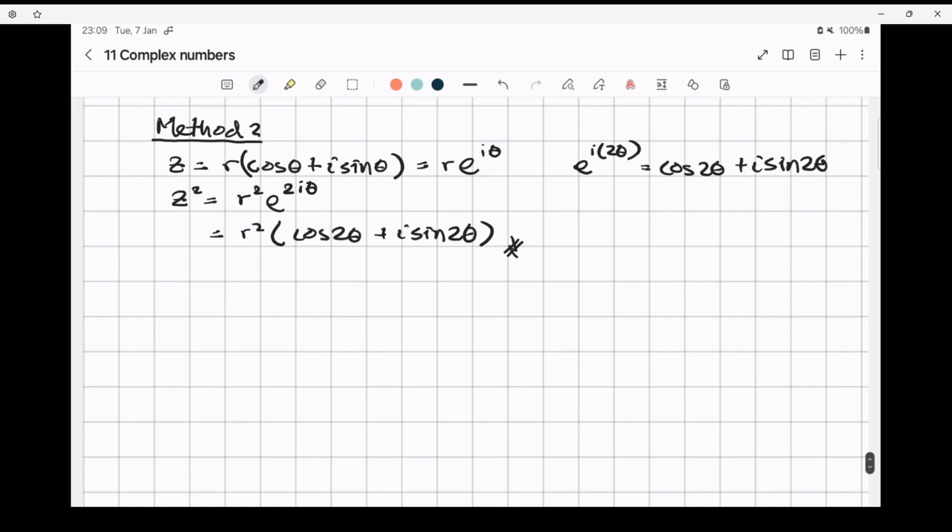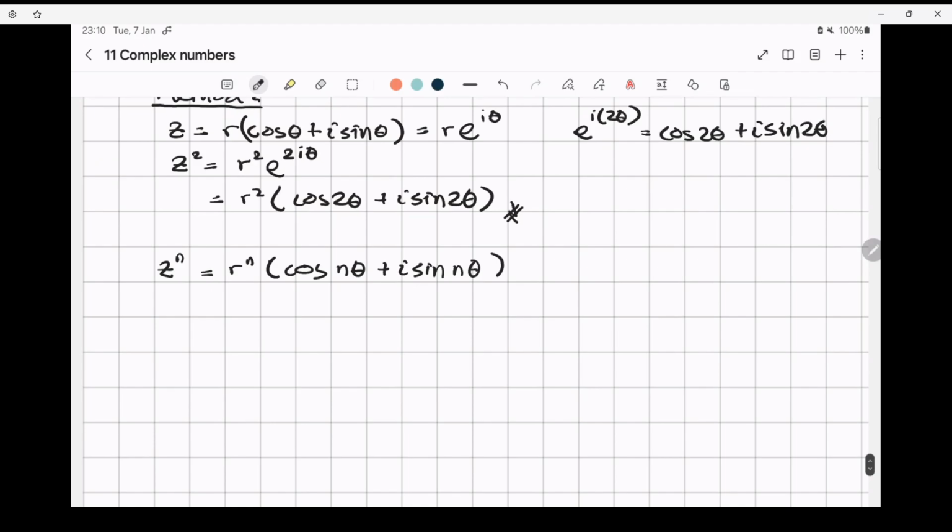So this way is slightly more elegant to prove what you need to show. And in fact, using this particular method, you can show that if your complex number is being raised to some power n, this is essentially the same as r to the power of n times cos n theta plus i sine n theta. So why is this the case? Because you can start from z equals r e to the i theta.